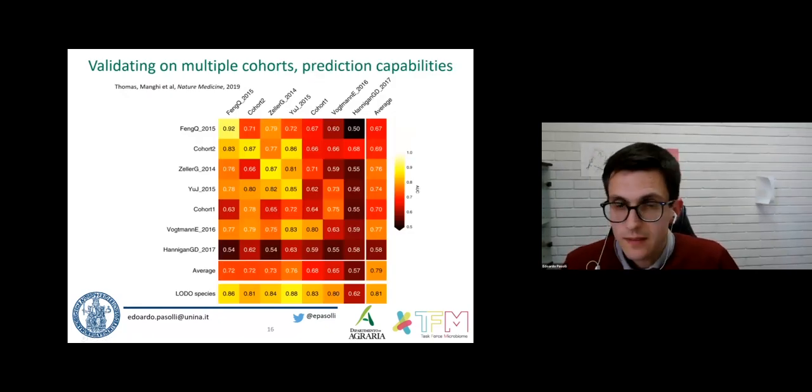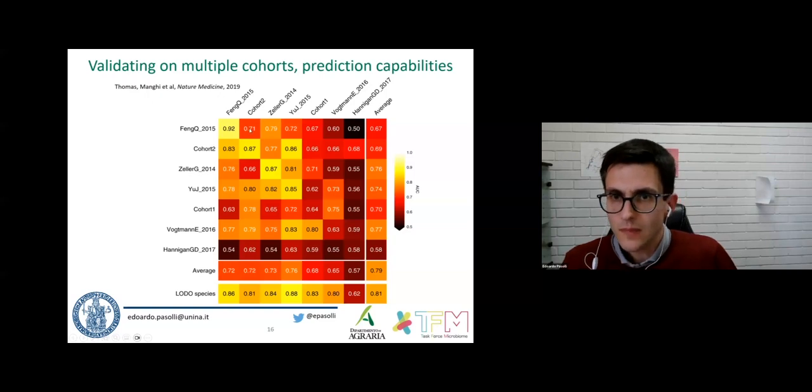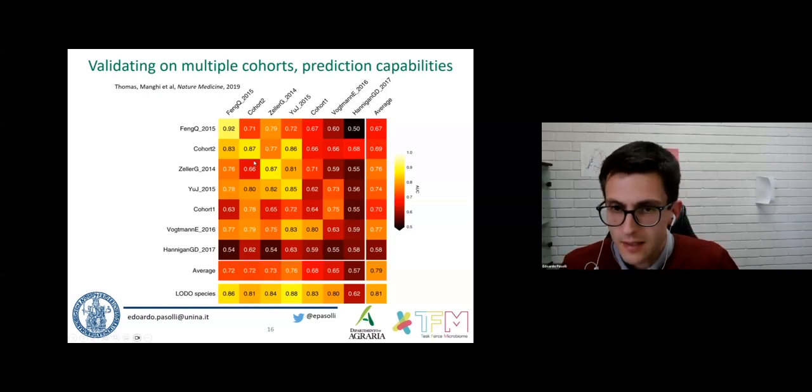We can also validate the different cohorts in terms of classification accuracy, and we can also have a validation on independent datasets. So this is a summary of all the results.